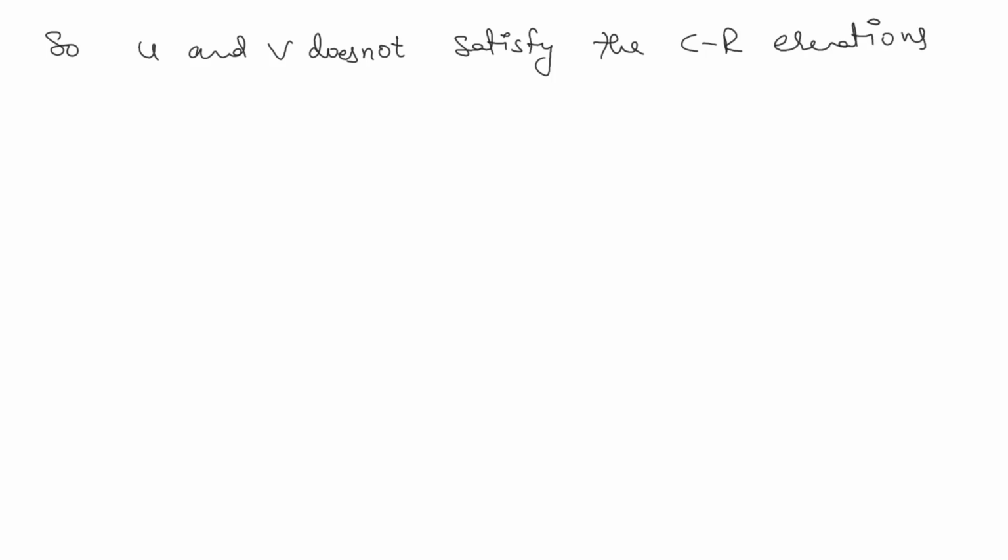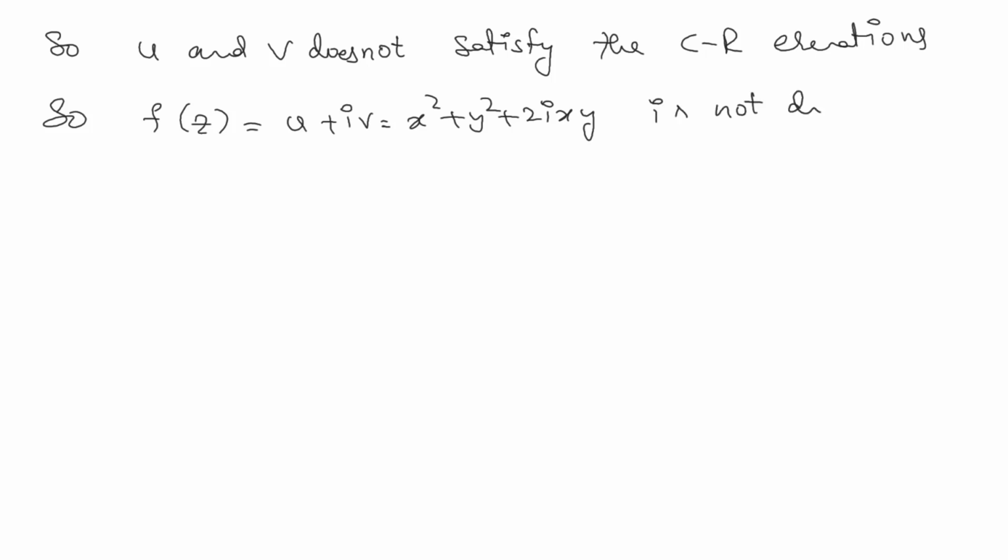So from this we can say f of z given as u plus iv, that is, x square plus y square plus 2ixy, is not differentiable, and hence it is not analytic.